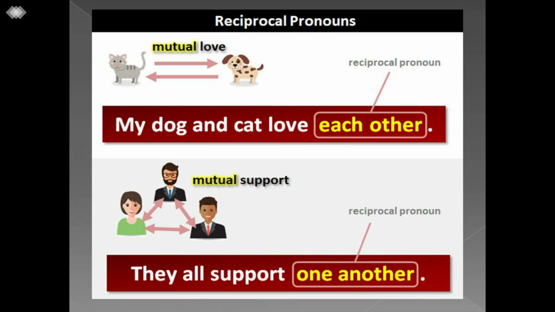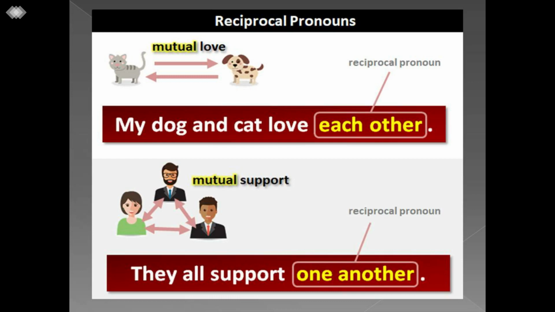Now the second example is they all support one another. One another is your reciprocal pronoun and they are all supporting mutually. That is why the reciprocal pronoun has been used in the sentence.